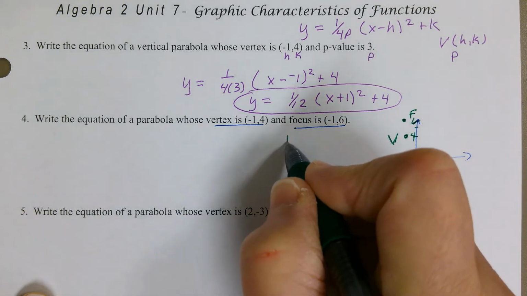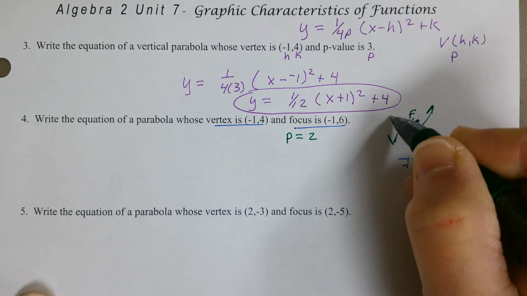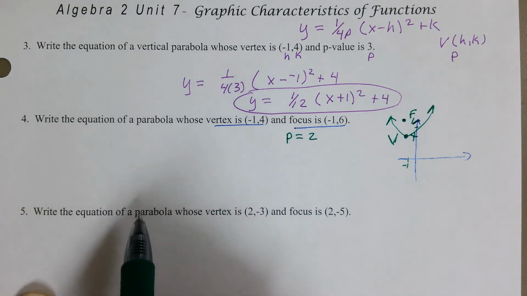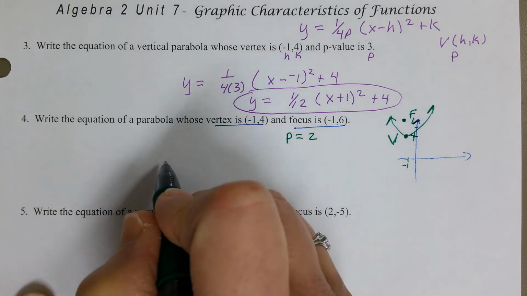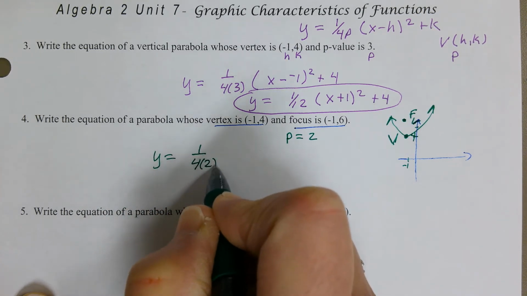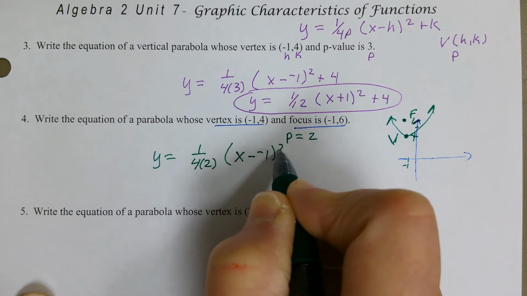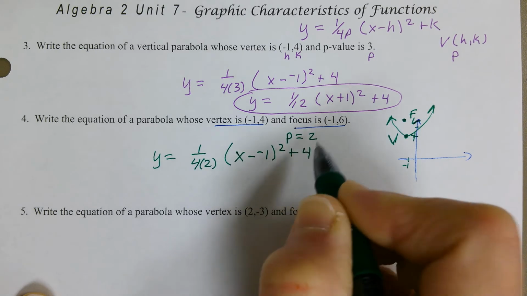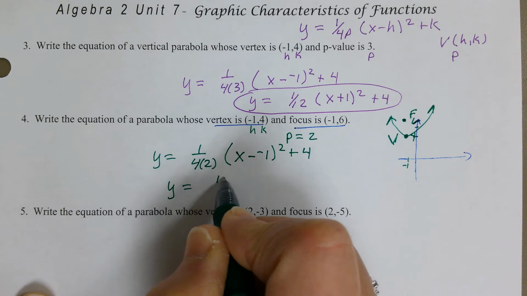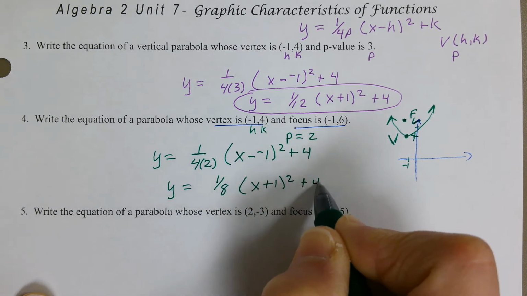It's 2 units, so p is 2. And this opens upward, so the leading coefficient is positive. Y equals 1 over 4 times 2 times x minus -1 squared plus 4. Simplifying, y equals 1/8 times x plus 1 squared plus 4.